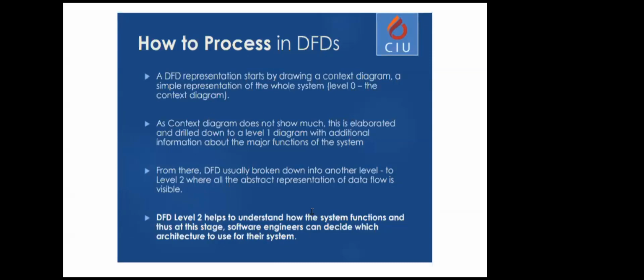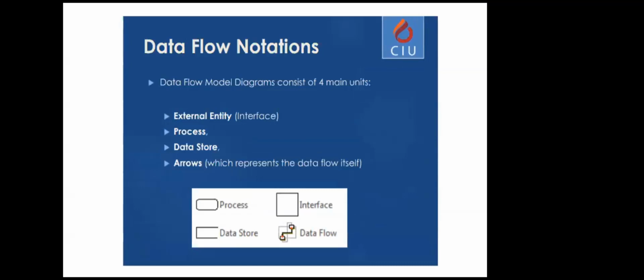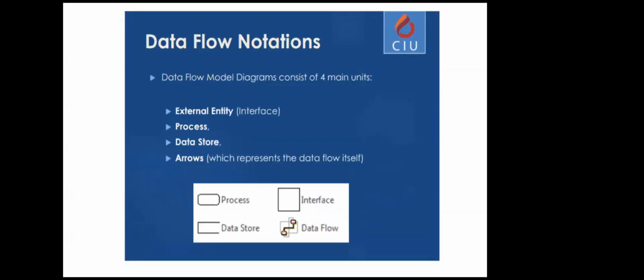DFD level 2 helps to understand how the system functions, and thus at this stage, software engineers can decide which architecture to use for their system. Another reason why we stop at level 2 is that now we have enough knowledge about how the system will function. Without coding a single line, we understand the relationship between external entities and flows.